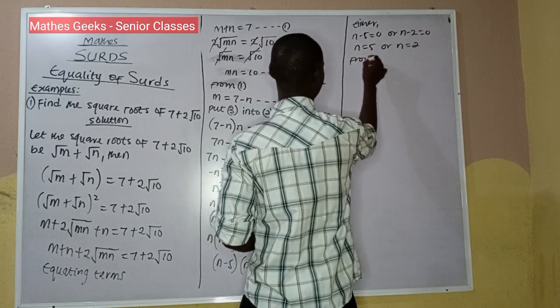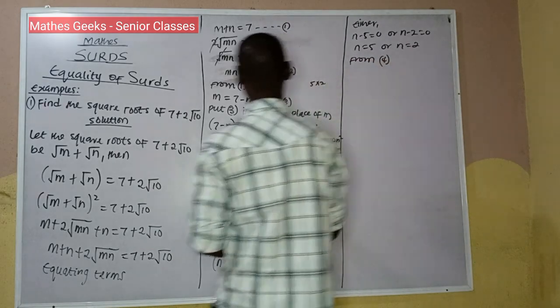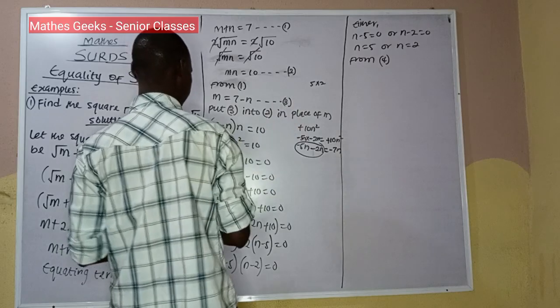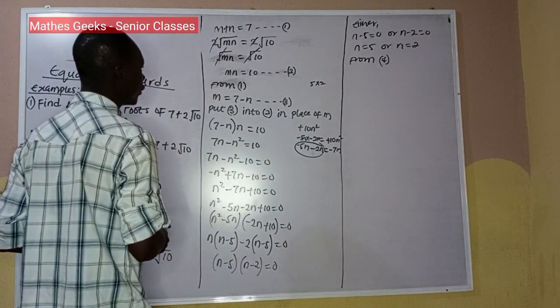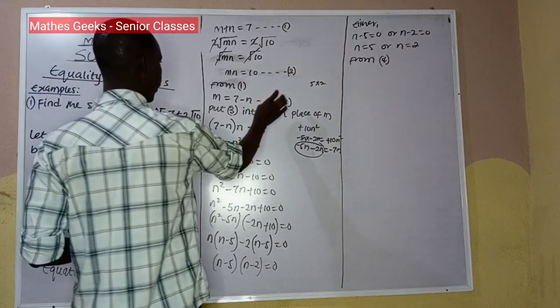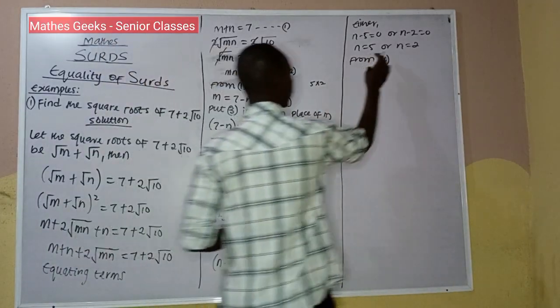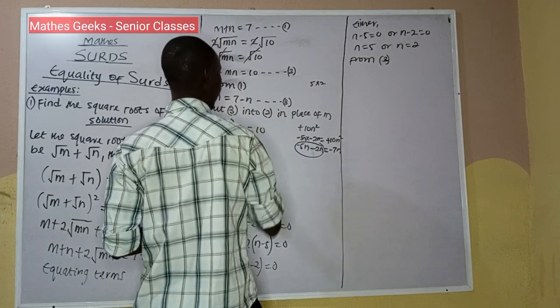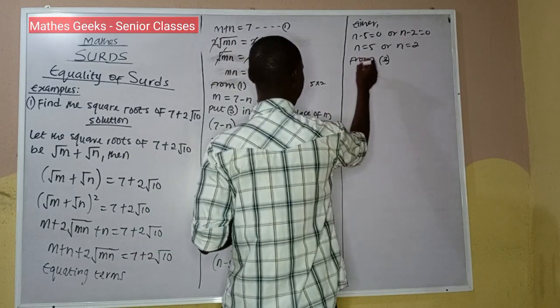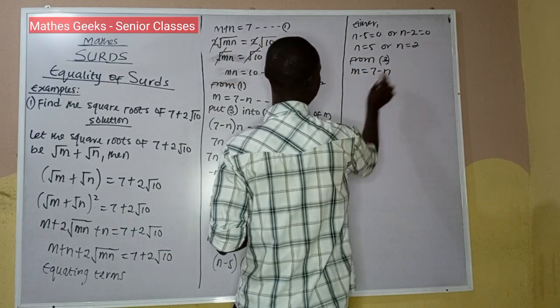From equation 3, remember, m is equal to 7 minus n. This is the value for n. So now we need to get the value for m. From equation 3, m is equal to 7 minus n.